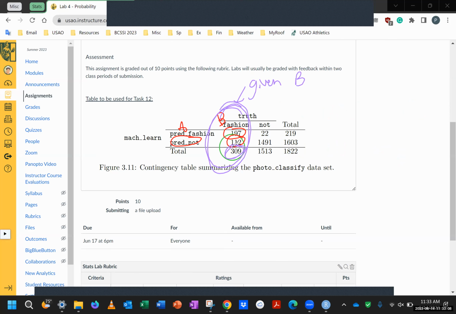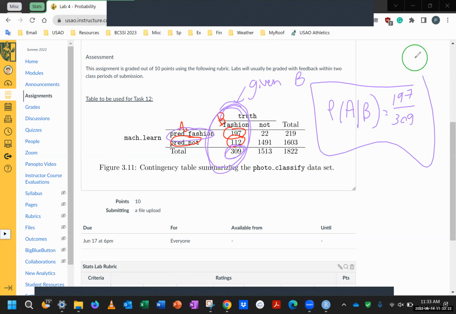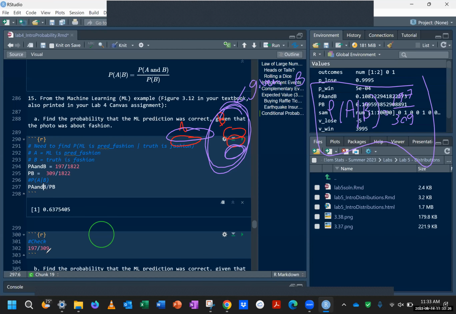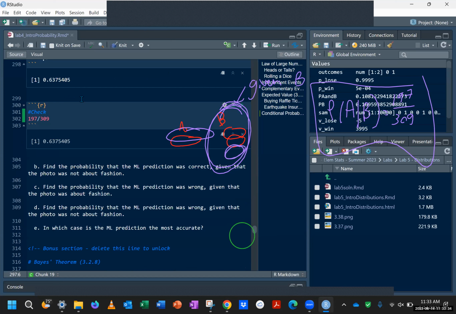So there's 309 total cases. And so the probability of A occurring, predicting fashion, given that B has occurred, we're looking at just these cases, 197. So let's check that. It's 197 over 309. That's what I got. And we see we get the same thing.